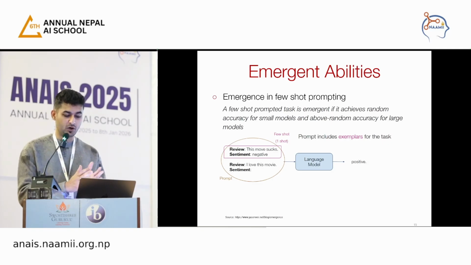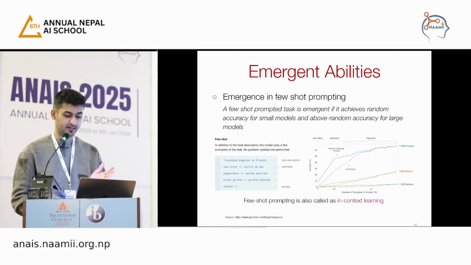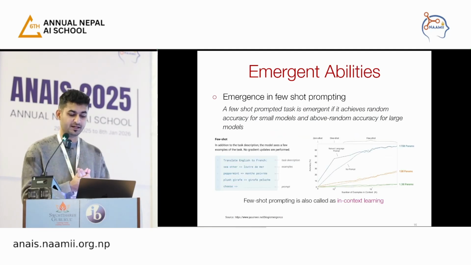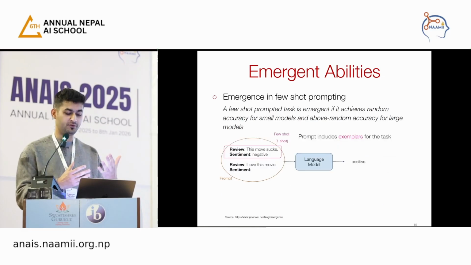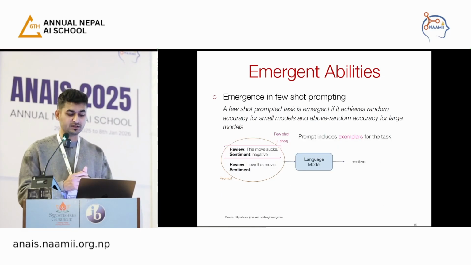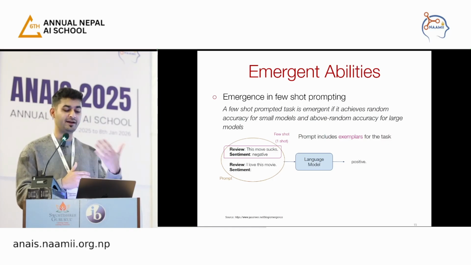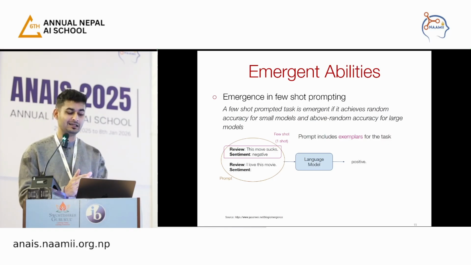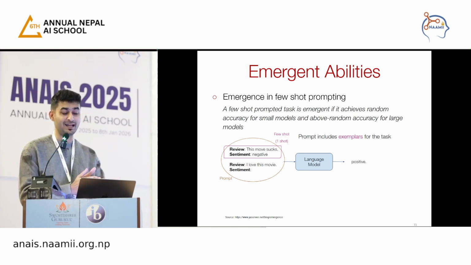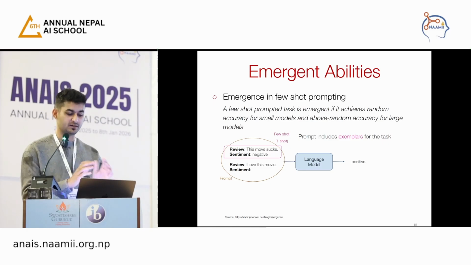When this is studied, what is observed is that if a task achieves random accuracy for small models but above-random accuracy for large models, then the task is emergent. If I give a prompt like this to a model, I would see whether it performs well or not. The finding is that on small models the performance is not good, probably random.